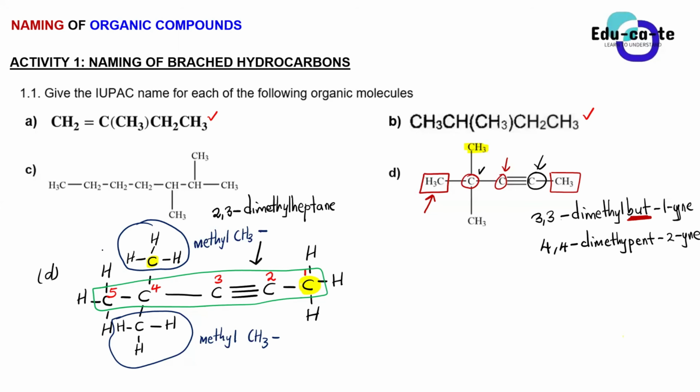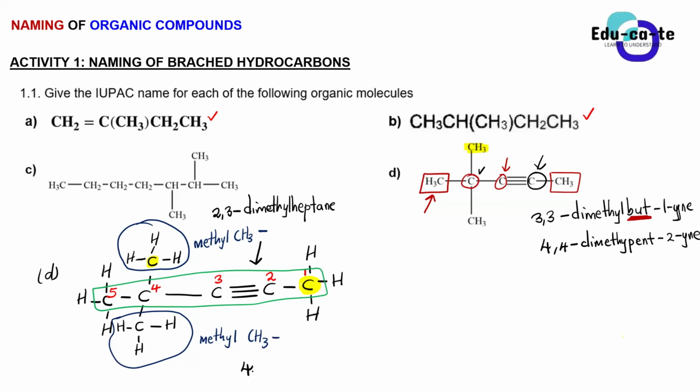Yes. So from here, we can now say that at carbon number 4, we have a substituent, which is a methyl group. At carbon number 4 again, we still have a methyl group as well. So the substituent is the same. The methyl groups are identical, all right? So it's a methyl and a methyl. Instead of saying at 4 we've got a methyl and at 4 we've got a methyl, we just say that at carbon 4 and at carbon 4 we've got a dimethyl.